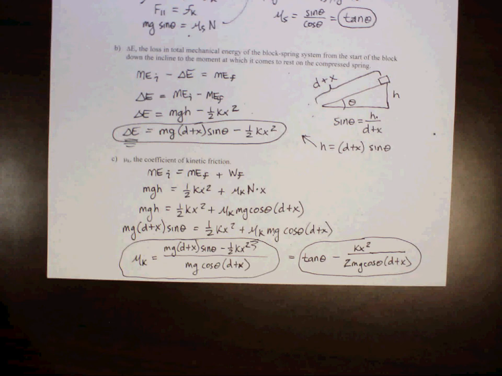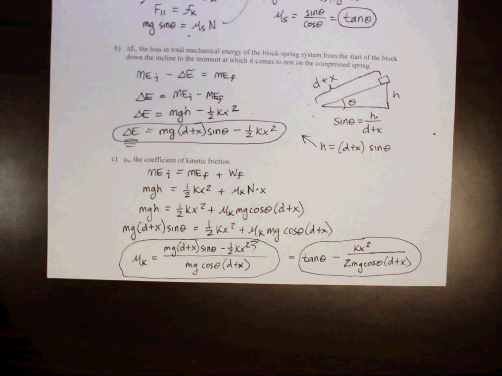There may be a way to simplify this as we zoom in on it here. I don't know. I can't think of one right now. If you put this over this, everything cancels but the sine over cosine.